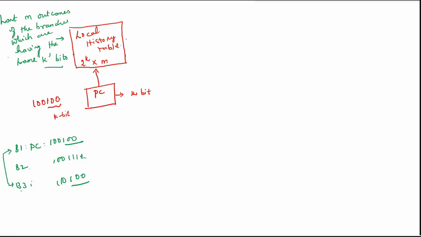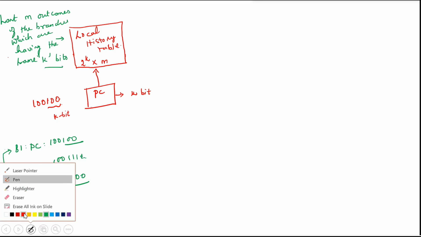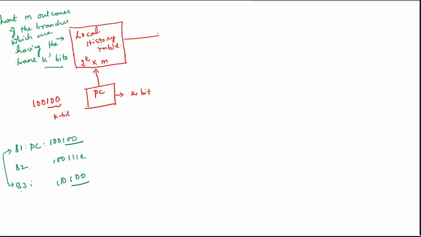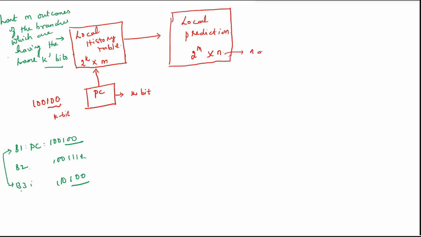And using this, it will enter the local prediction table of 2 power m into n. Here n bit refers to whether it is going to be 1 bit or 2 bit, so n bit info will be there.